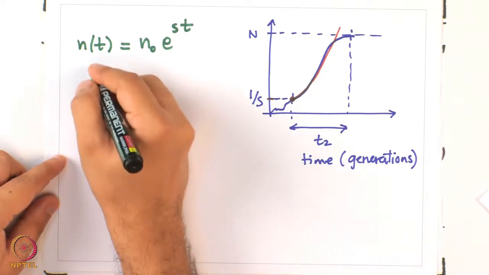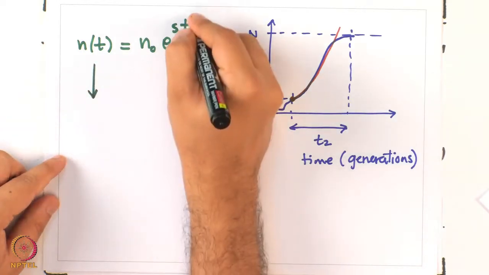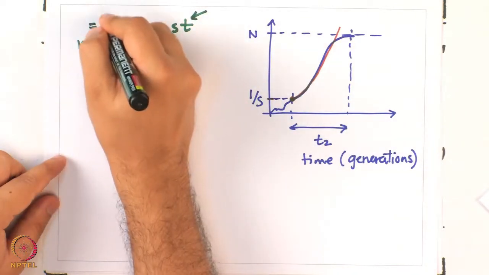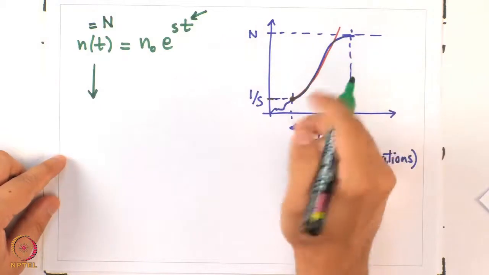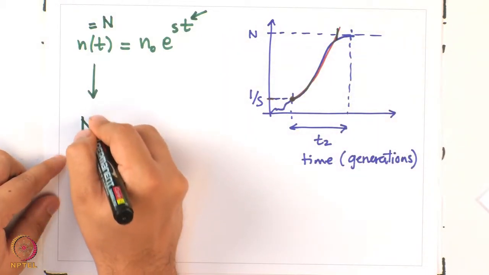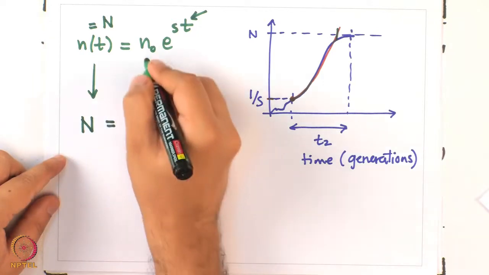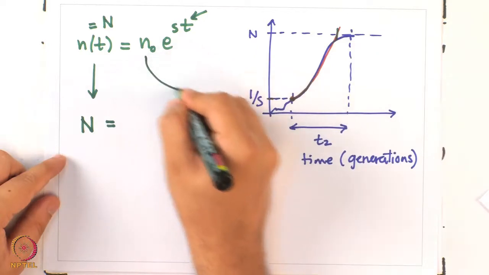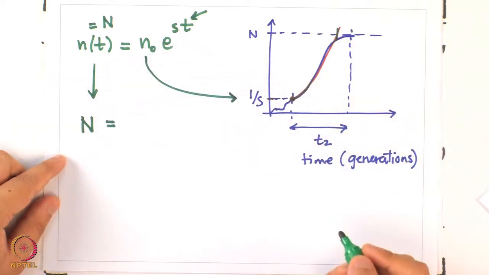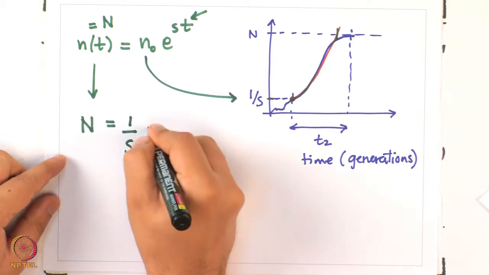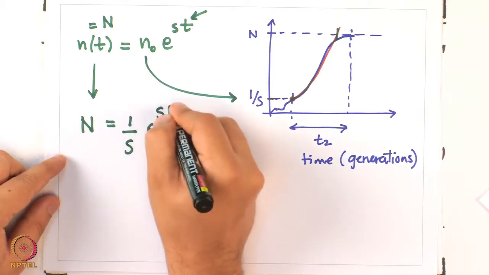In my case, I am interested in finding out the time at which N(t) becomes capital N. That is the time that I am interested in. Okay. So, I am going to plug capital N here. N naught is the starting number of individuals in my exponential curve, and it is easy to see that N naught is just equal to 1 by s. So, you have N equals 1 by s e to the power st.